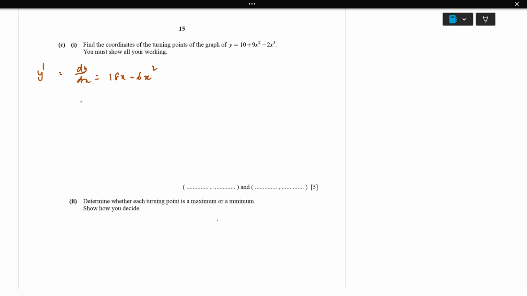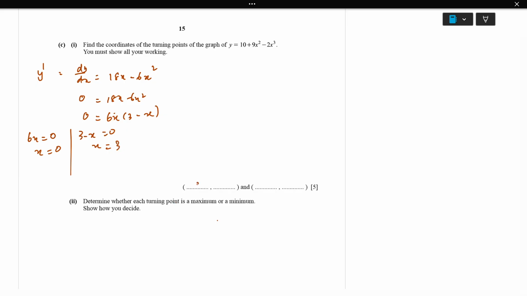Here the gradient is 0 at the turning point. So 0 equals 18x minus 6x squared. I will take the common factor out: 6x is common, so 6x times 3 minus x. Now either 6x equals 0 or 3 minus x equals 0. So x equals 0 and x equals 3.